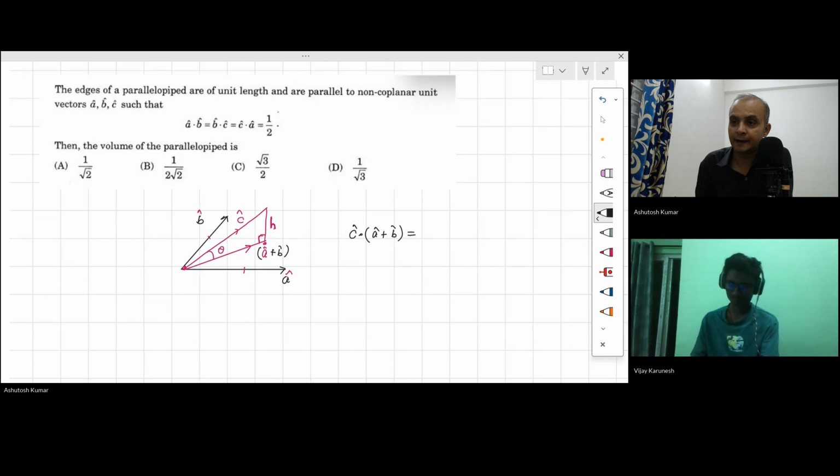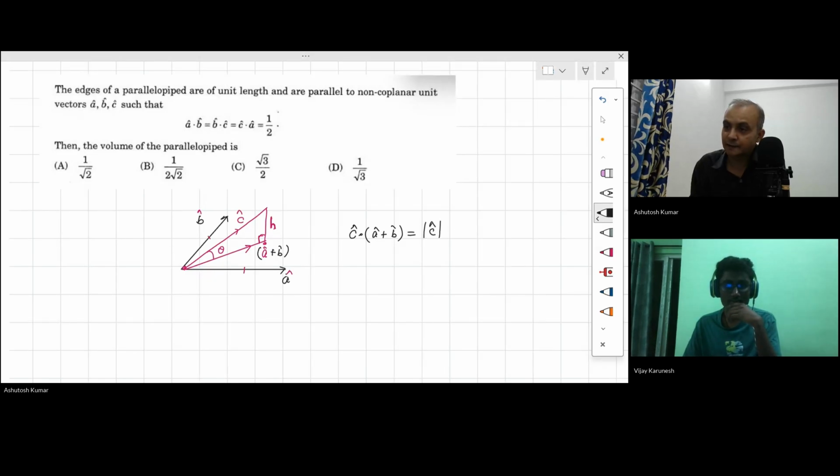On the left hand side, I'm writing the dot product using the distributive property of dot product, but on the right hand side I can write mod of C, mod of A plus B, and the angle between them, that I have to find out. Correct? Yes or no? Yes.